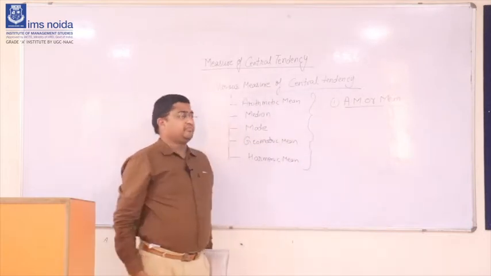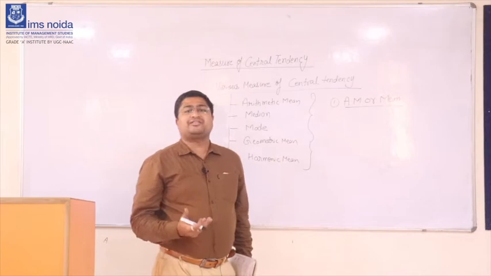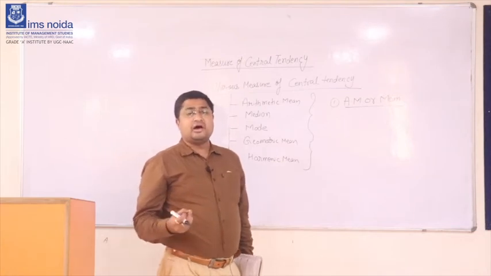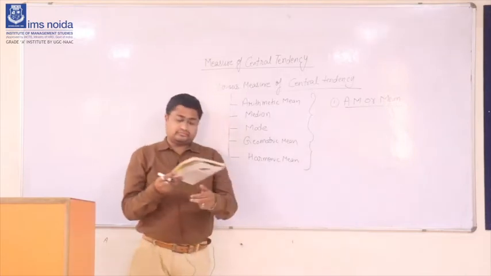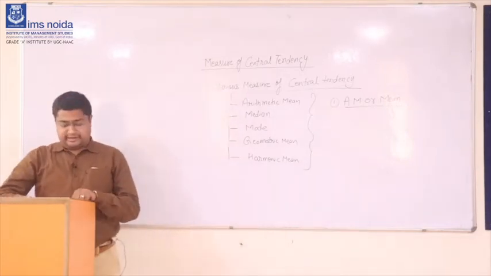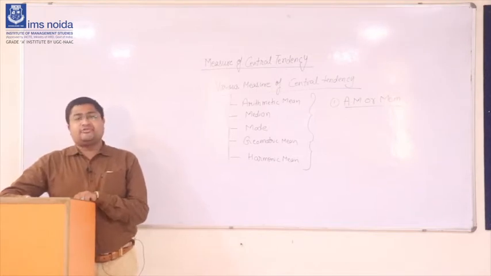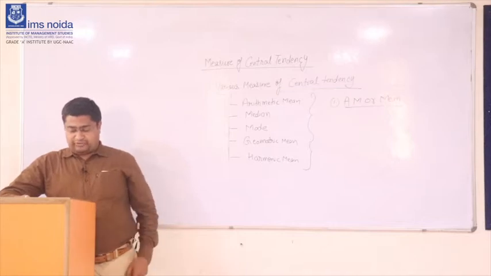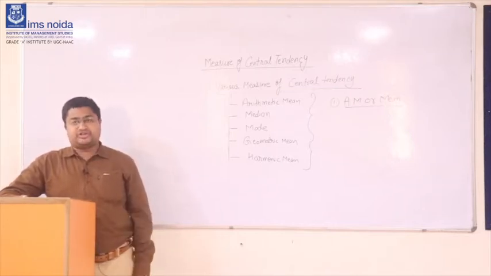First of all, what is the meaning of arithmetic mean? Write down. Arithmetic mean of a given set of observations is the ratio of their sum and the number of observations.